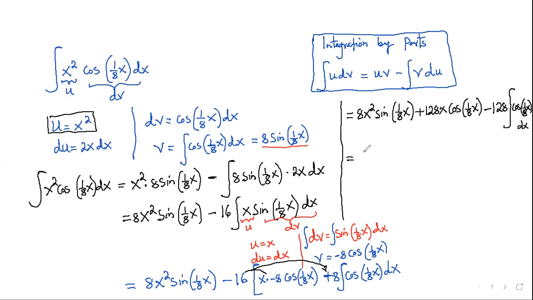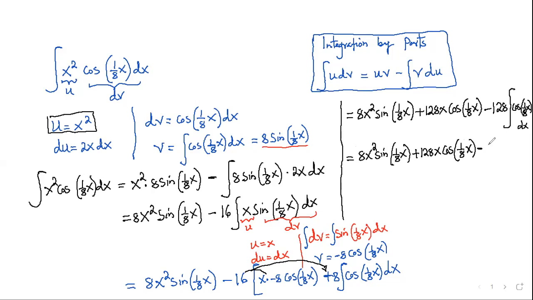And this gives us 8x squared sine 1/8 x plus 128x cosine 1/8 x minus, so you look for the antiderivative of cosine 1/8.